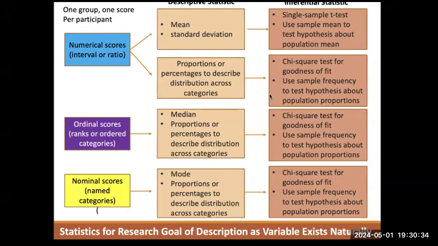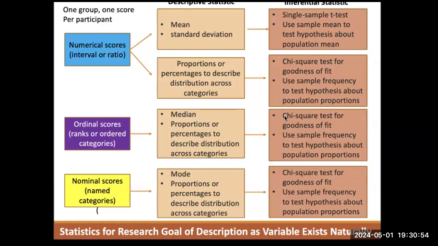Right? You could see how much does our sample really replicate what's going on in the population proportion. If you have ordinal scores, then all you could really do is the median, right? You could also get proportions or percentages to describe what's going on. Like the median would describe what's going on across your categories.